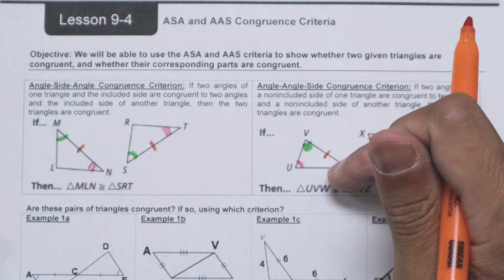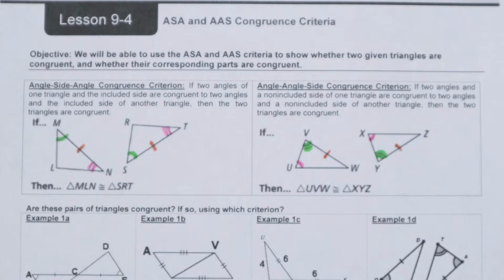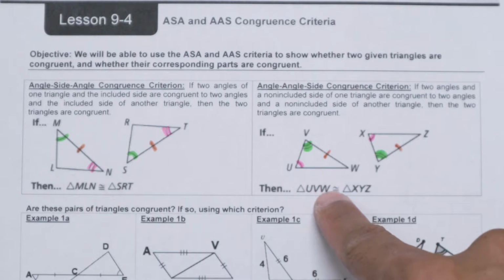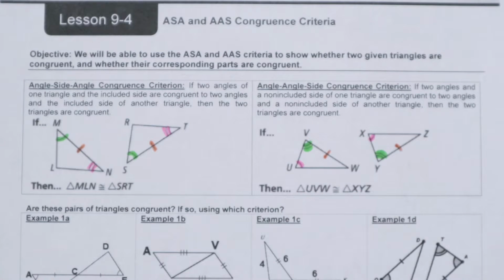Okay, so it's just on the side of the 2 colors, the green and the pink color. Then these 2 triangles are also congruent, or same size, same shape. So we're gonna say triangle UVW is congruent to triangle XYZ.